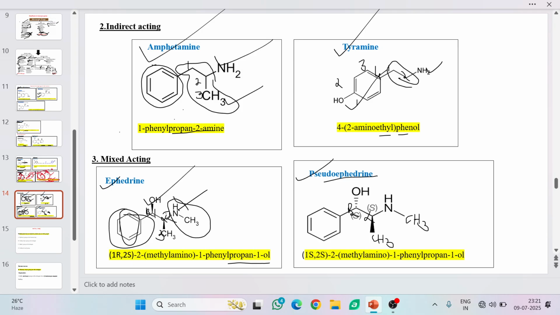Okay, here everything is same, but the difference is this one, 1S 2S, means the configuration of first carbon and configuration of second carbon is the same. Yes, S. Okay. So this is the basic difference. And ephedrine and pseudoephedrine are also used in case of eye drops. Okay.